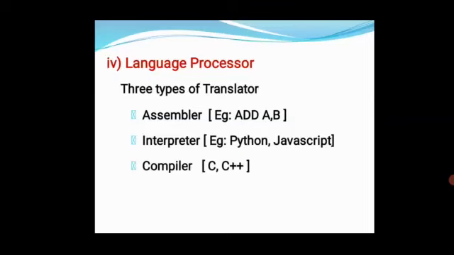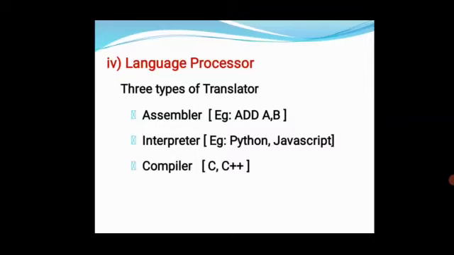Next, interpreter. Some languages support this type of translator. What are they? Python, JavaScript. Some languages support the compiler translator. What are they? C, C++. Okay, so I will explain with the help of a diagram.